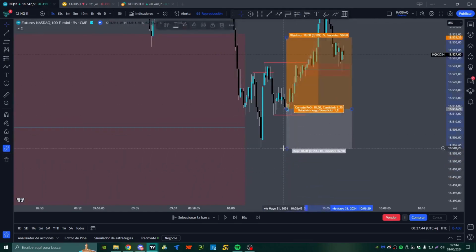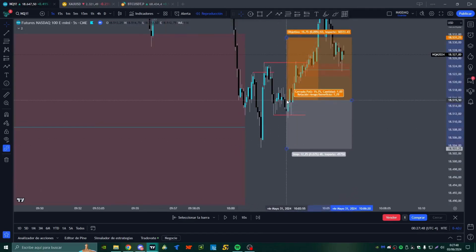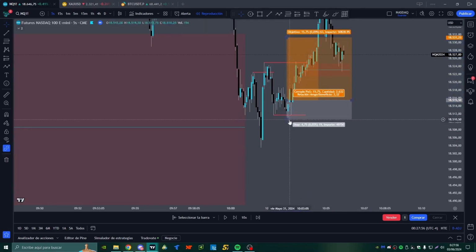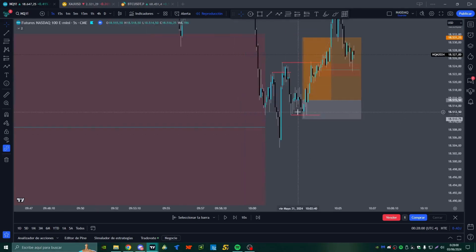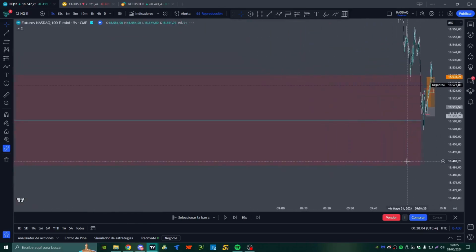And see how you can shorten the stop loss here. Once you have more experience with the system, there will be a point where you will know when to set it right at the low of the candle that made the manipulation, the sweep.